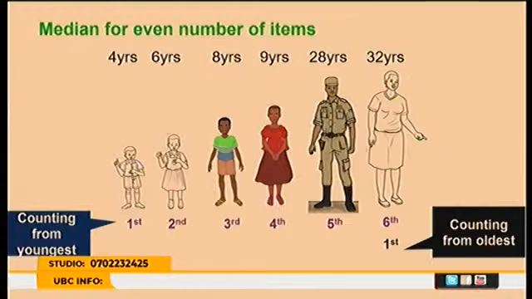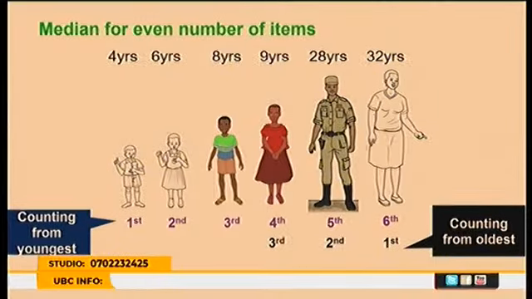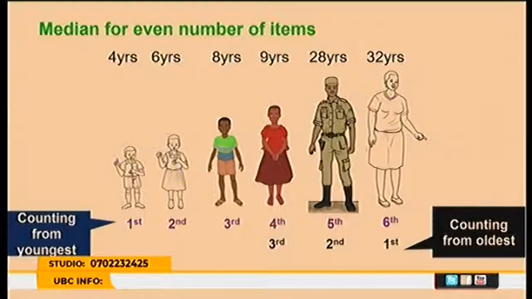When we count from the oldest, the member of the family who is 32 years is the first. The member who is 28 years is the second. The member who is 9 years is in the third position.